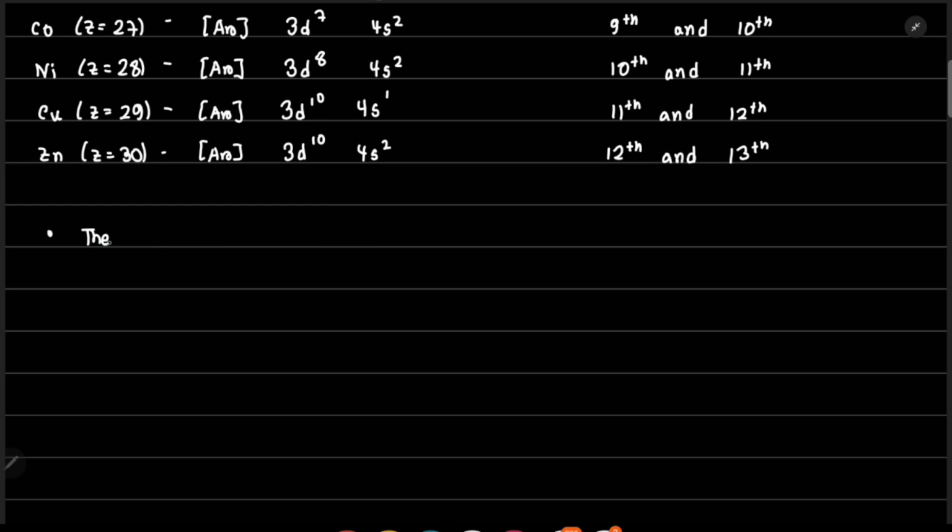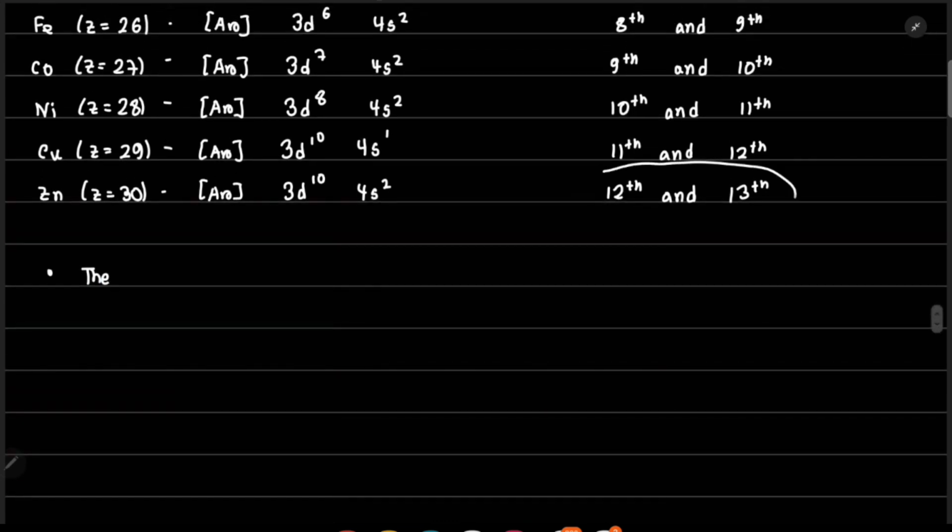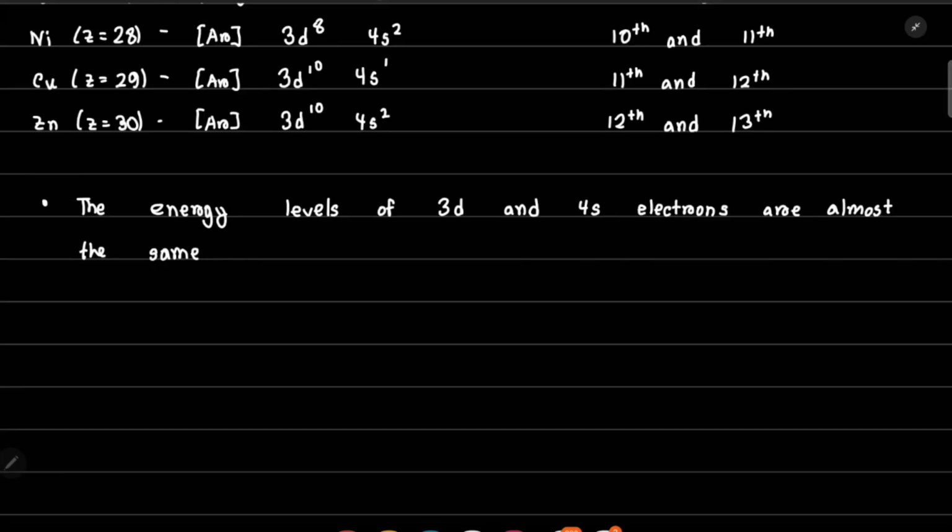And we'll write down why this is the case and why it's not what we have learned before with a big jump when we are changing quantum shells. The reason is the 3d and 4s electrons being very close in terms of energy levels.